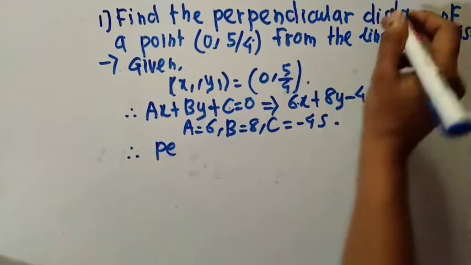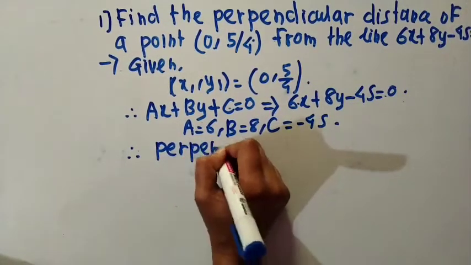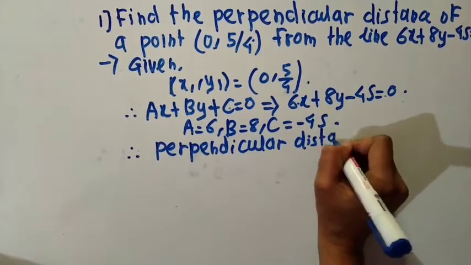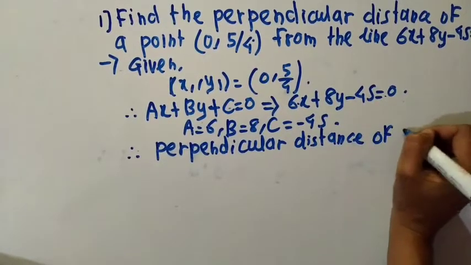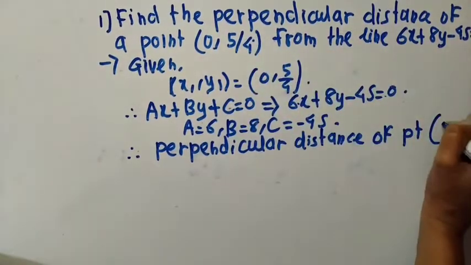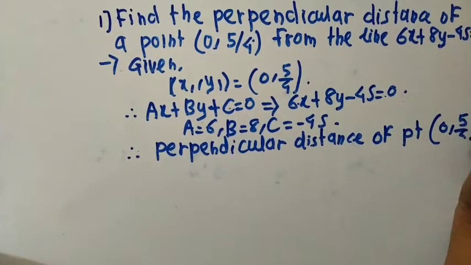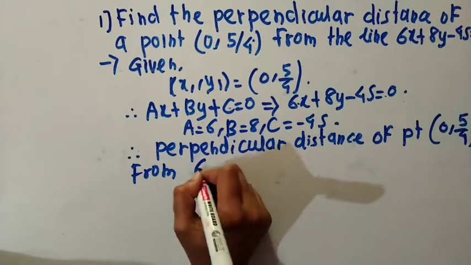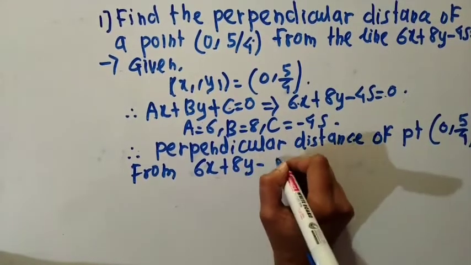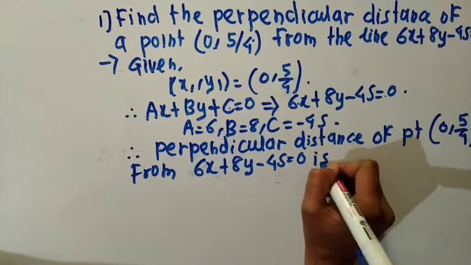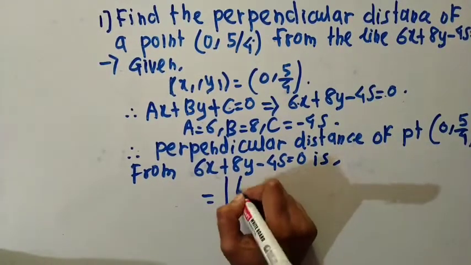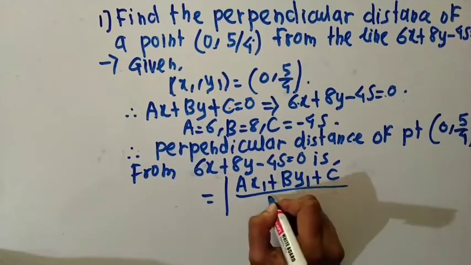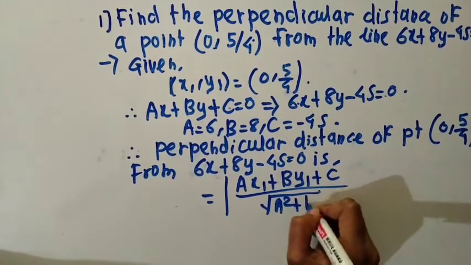Hence, the perpendicular distance of the point (0, 5/4) from 6x + 8y - 45 = 0 is |ax1 + by1 + c| upon root of a square plus b square.